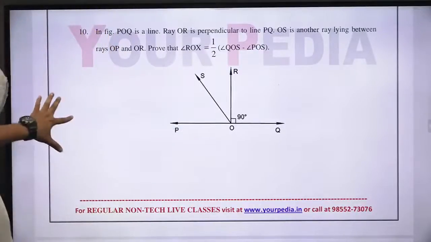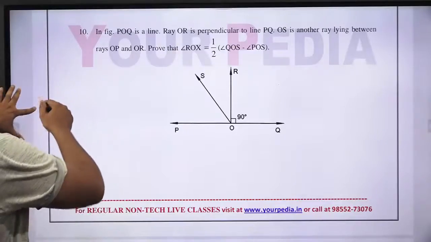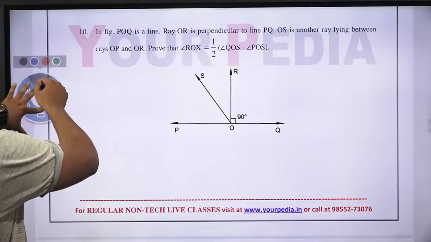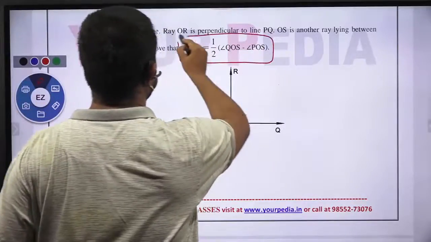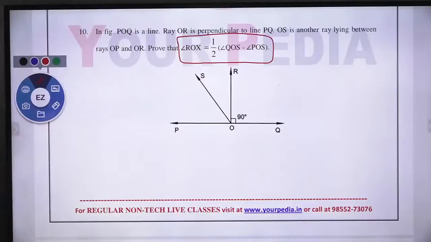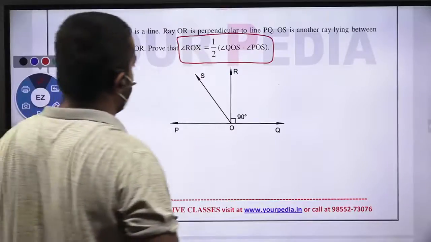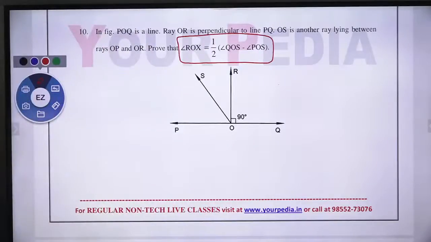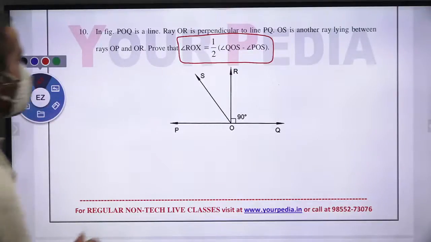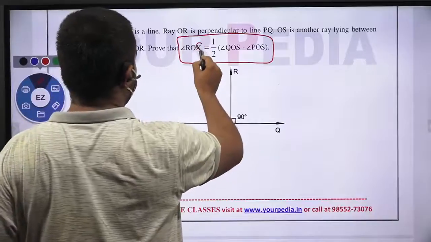So we have to prove that angle ROS, please correct it.